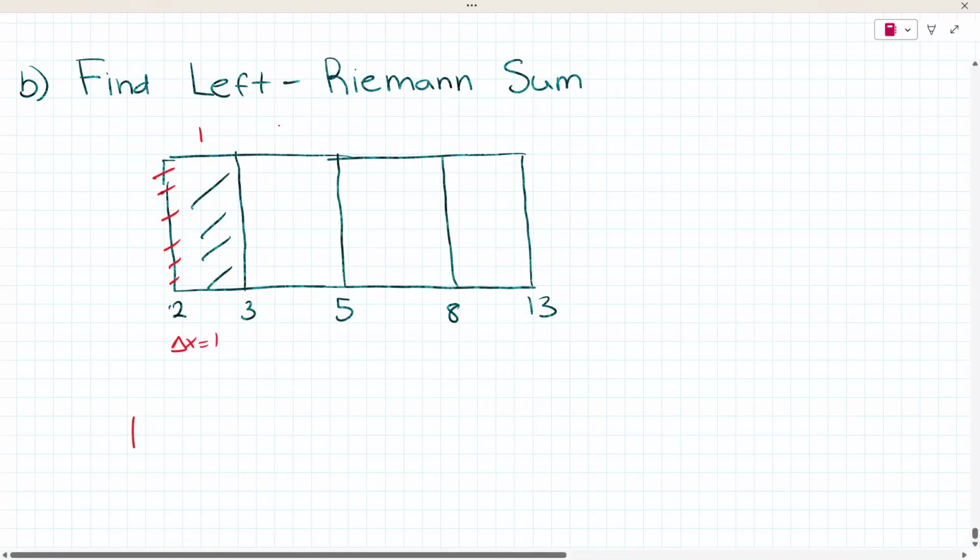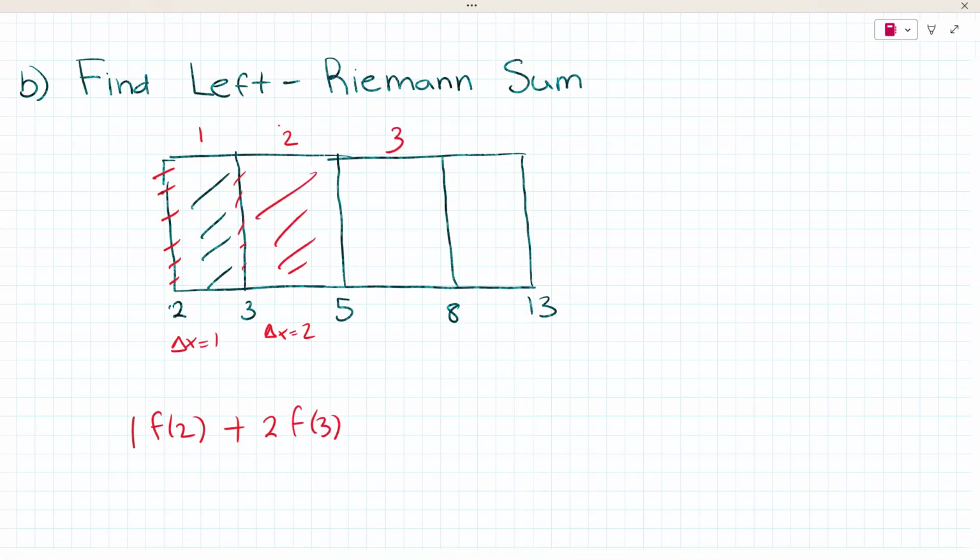And then you have to find the height of f of 2, plus, if you look at rectangle 2, the delta x is not 1. From 3 to 5 is actually 2, and then find the height of f of 3. And then rectangle 3, the delta x is what? 5 to 8, 5, 6, 7, 8. That's 3, and then the height is f of 5.